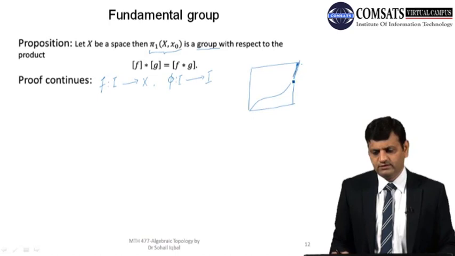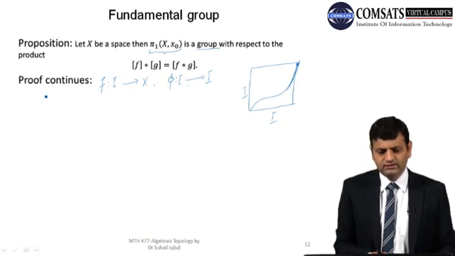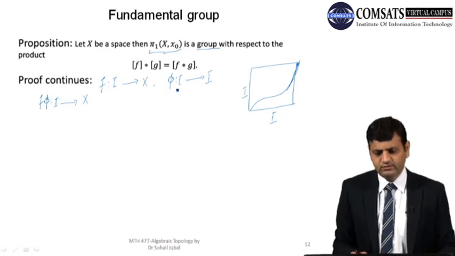Inside this box, this is I, this is I, so the graph of phi is like this. Now if I consider this function f phi, it's a function from I to X, and it is continuous because phi is continuous, and f is continuous because it's a path.